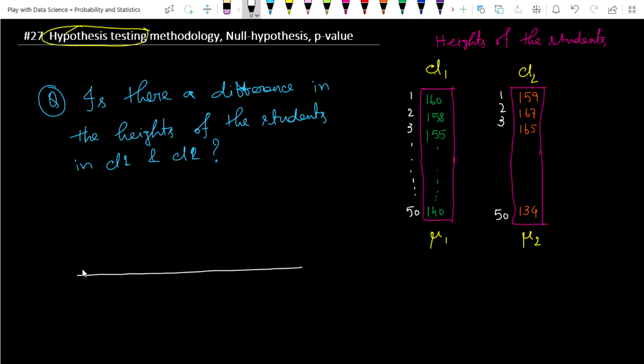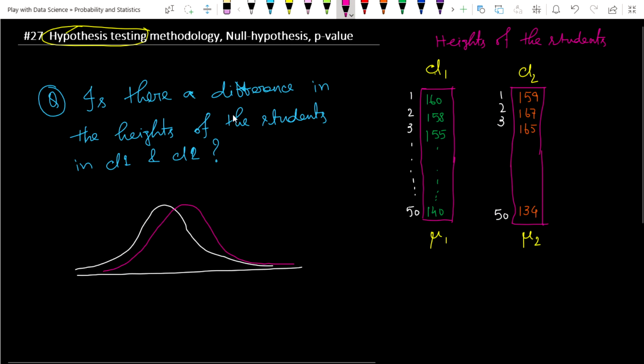So suppose the distribution of class 1 is like this, and the distribution for class 2 is like this.